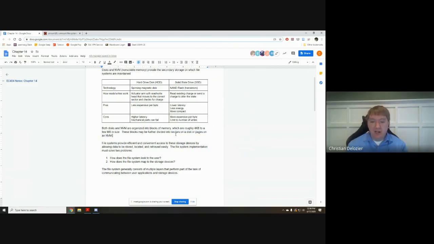NVMs divide the larger blocks into 4 kilobyte pages, and disks divide 4 kilobyte blocks into smaller sectors. It's really just small design decisions. But generally we have this 4 kilobyte mapping to a disk that matches the 4 kilobyte mapping we have for pages and frames.